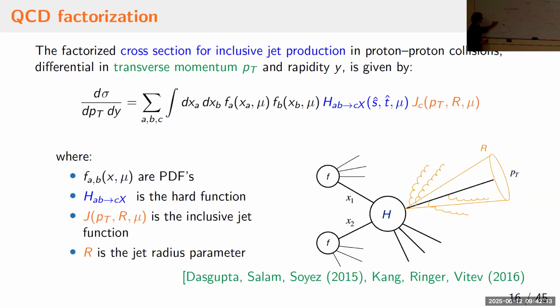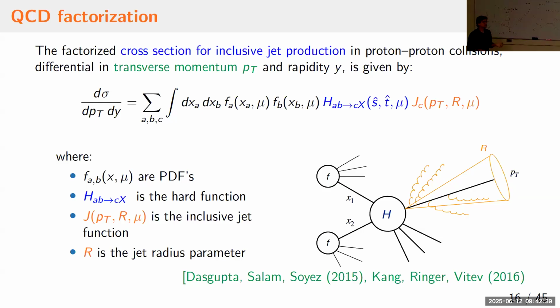Because it belongs to the jet, it's going to be recorded as part of the jet function. Now, suppose you have another gluon that is radiated away from the jet, then you say, well, this gluon I should maybe add to the hard function at the next order in perturbation theory. So this gluon would be order alpha s cubed, right?